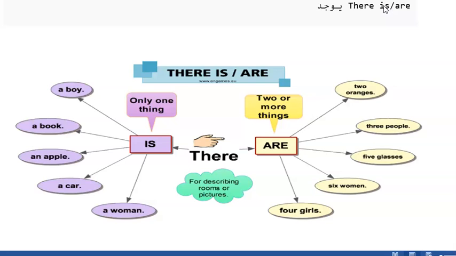So before we look at some examples and some exercises, look at my lovely mind map. This is called a mind map. And I find mind maps are very good for setting out information about something.